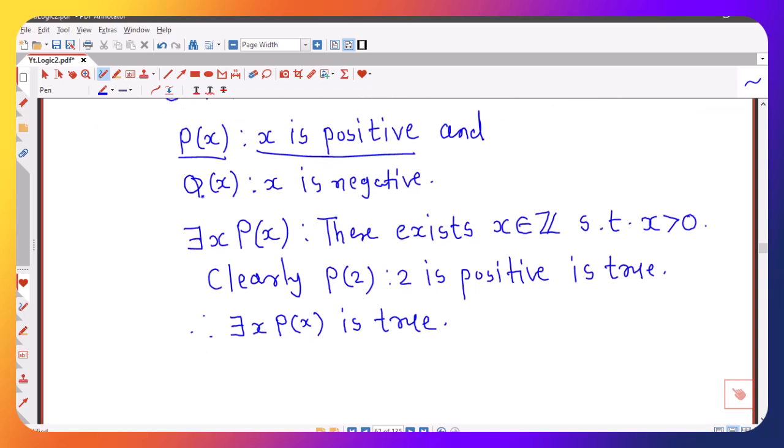Similarly, q(x) is x is negative. So now it is clear that there exists x such that q(x) is also correct. What is the meaning of this?